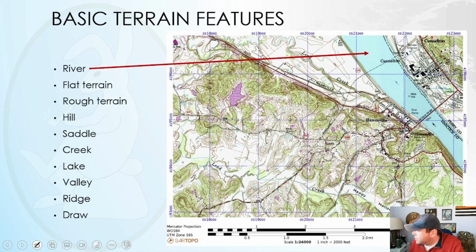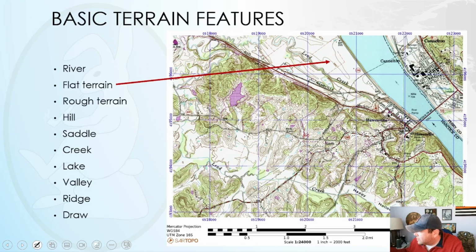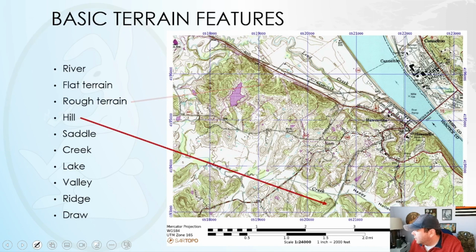So what a river looks like. You can see here, that's where a river is. How is flat terrain represented on the map? Well, it's here. We see an area where there's an absence of the brown contour lines. That indicates that that's flat terrain. We start to see a lot of contour lines put together somewhere. That indicates that it's rough terrain.